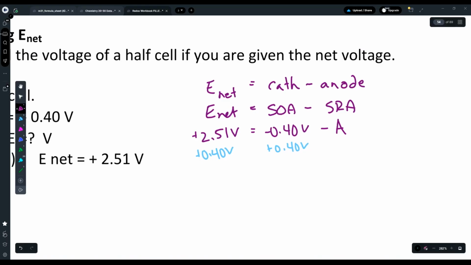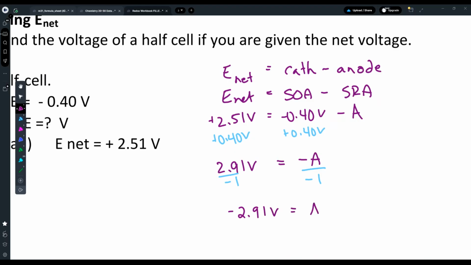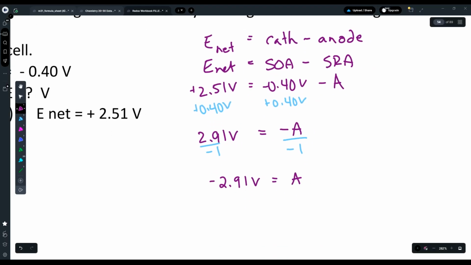So 2.51 plus 0.4, that's going to give me 2.91 volts is equal to negative A. I'm using A just as the stand-in for anode, and I'm going to divide each side by negative 1. So that's going to give me negative 2.91 volts is equal to the anode half reaction, or the reaction happening at the anode.